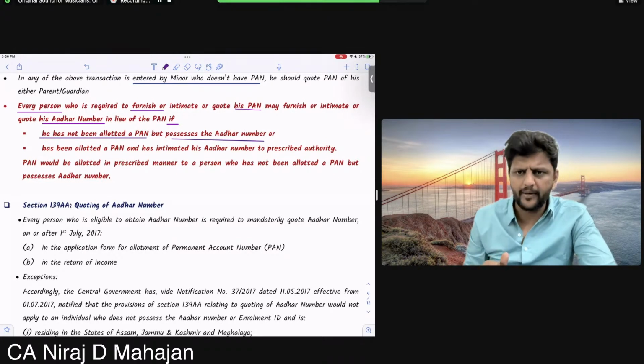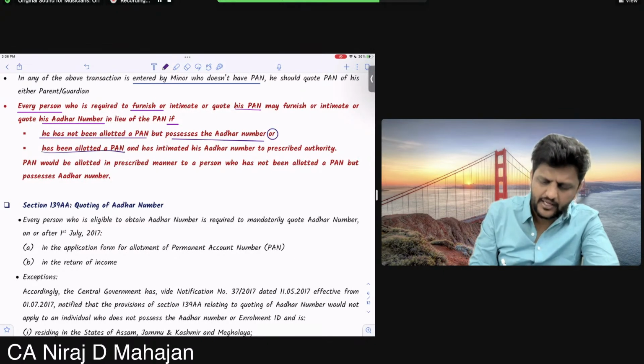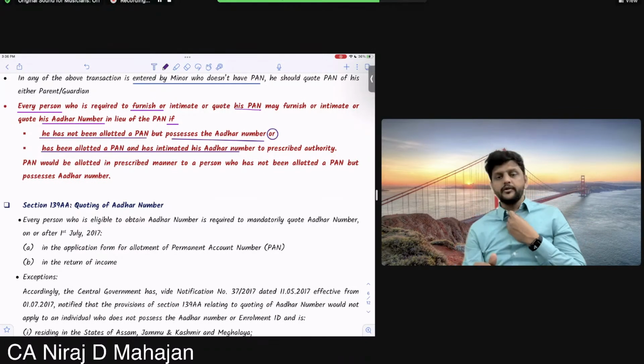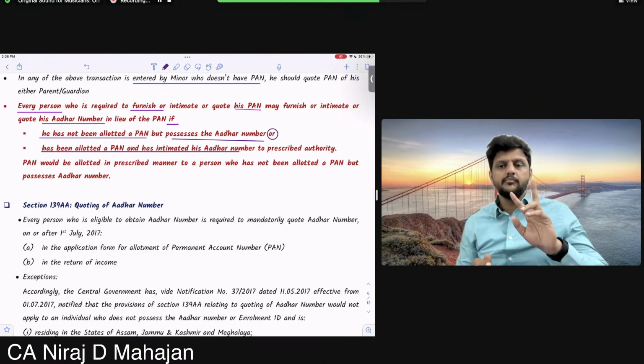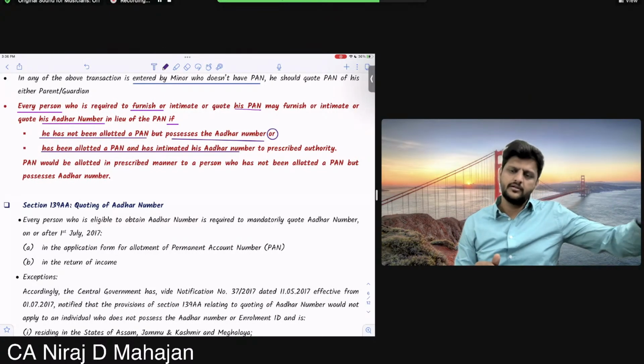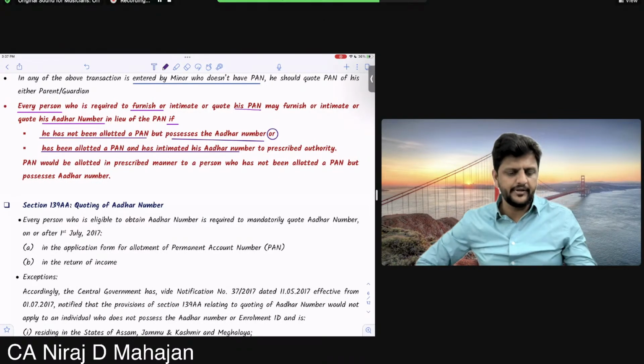He was not allotted a PAN but has an Aadhaar, or has been allotted a PAN and has intimated his Aadhaar to the prescribed authority. Prescribed authority means what? CBDT. Means he has a PAN and he has linked Aadhaar with his PAN. Then such a person can submit Aadhaar, which is also sufficient.